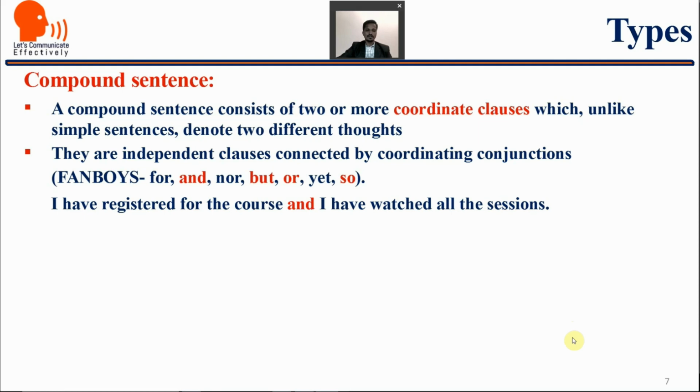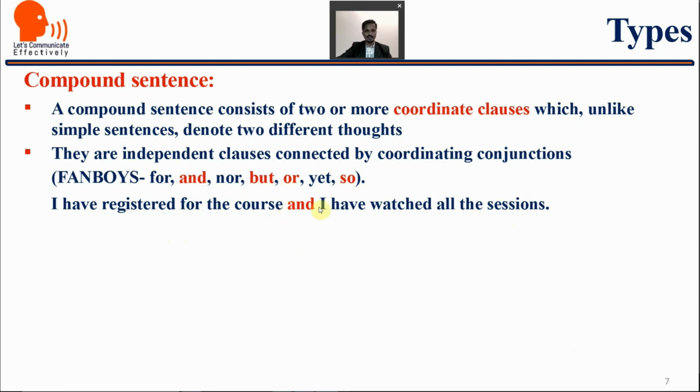I have registered for the course and I have watched all the sessions. Why have I highlighted those four only? Because those are the most used conjunctions. So let us see their usages. So here this first example is, I have registered for the course and I have watched all the sessions. These two are the independent clauses, independent thoughts.